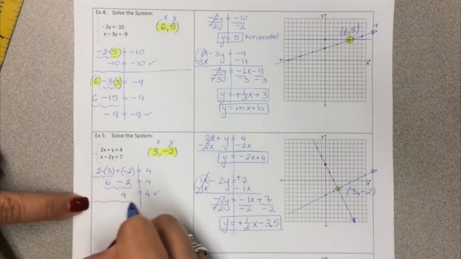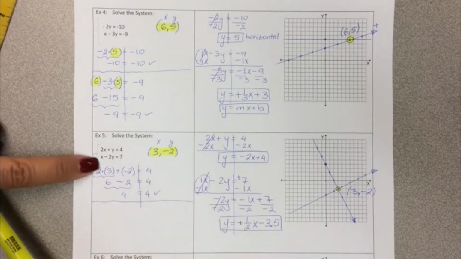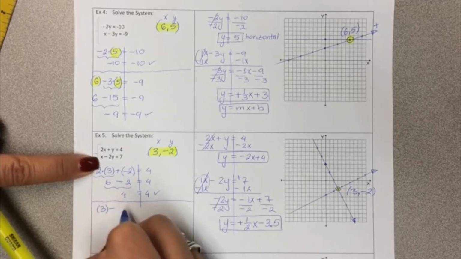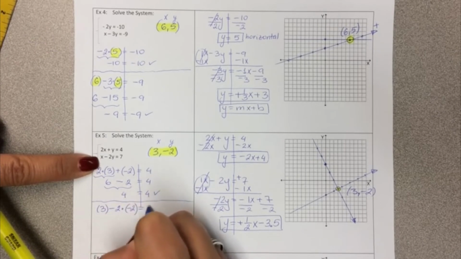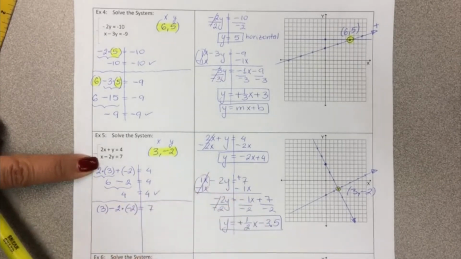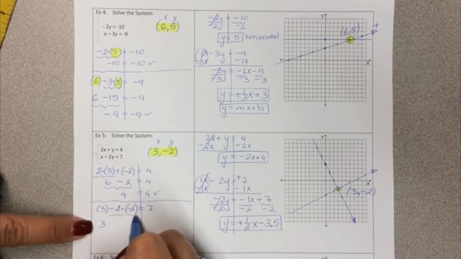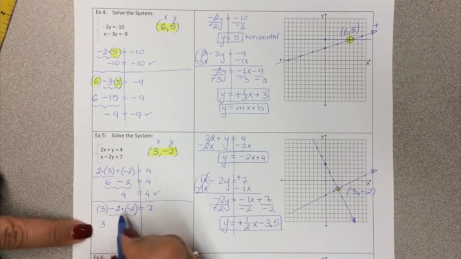That works. In the second equation, we have x value 3 minus 2 times y value -2 should equal 7. Multiplication first, so bring down the 3, and you can multiply negative times negative, or you can say minus but then -4 will still be plus 4.